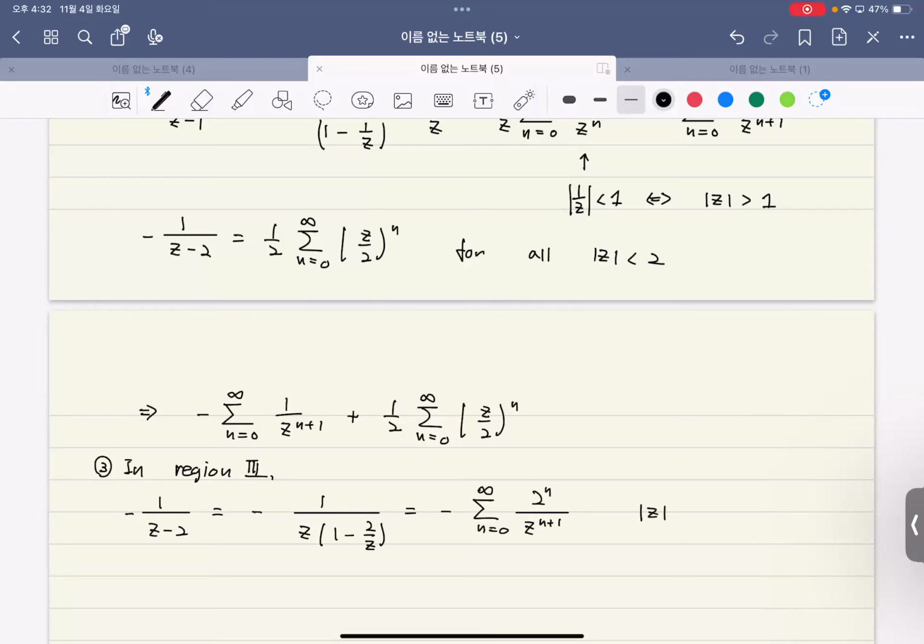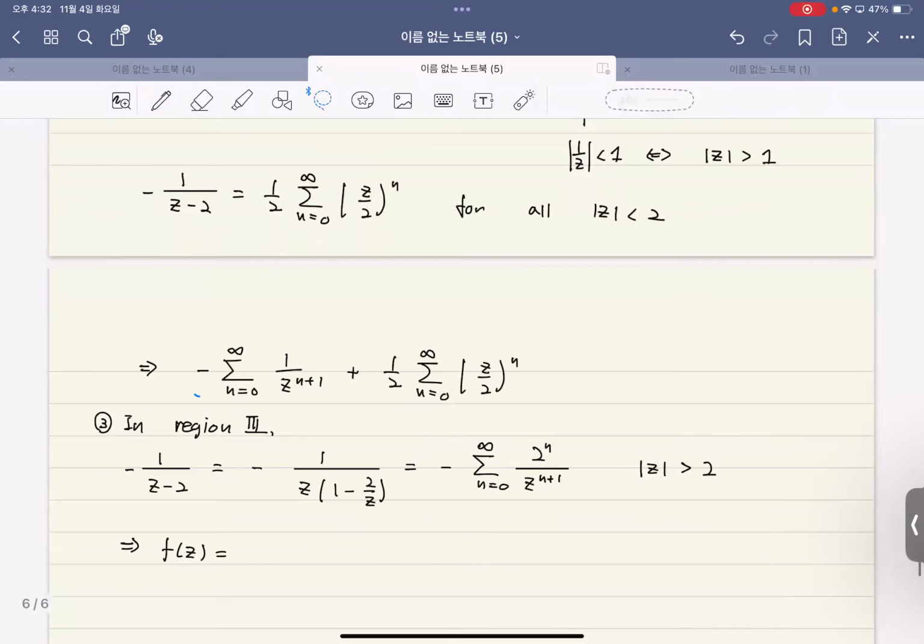And this is true for all z whose moduli are greater than 2. So therefore, on the final region, I have this plus this. This is the Laurent series of your function in the last region, and it only has negative powers of z. So this is how you're supposed to find the Laurent series.